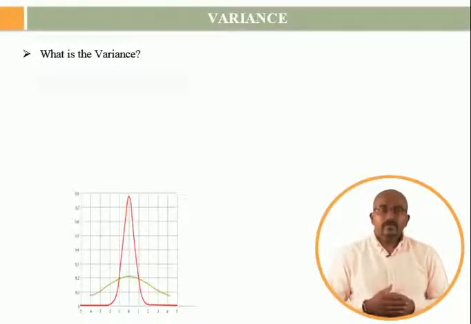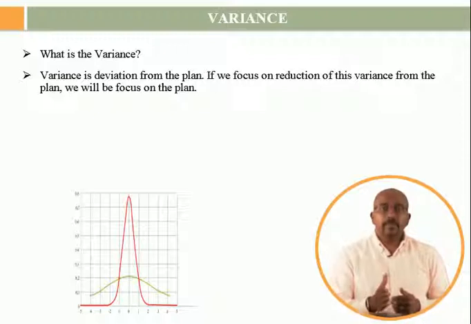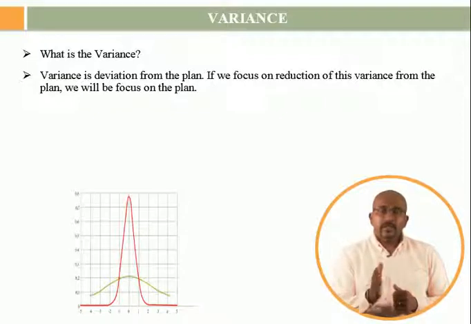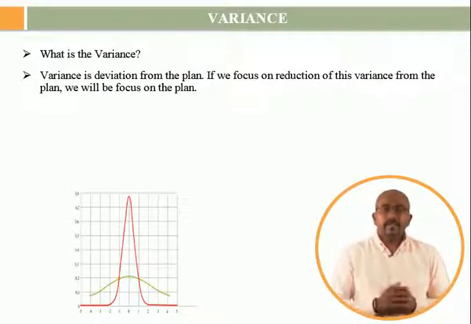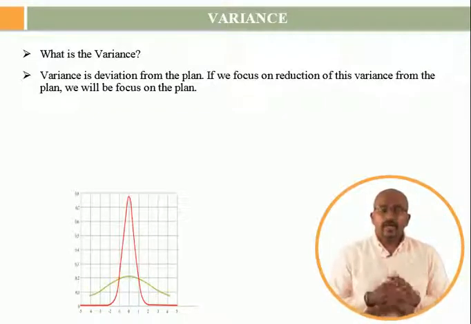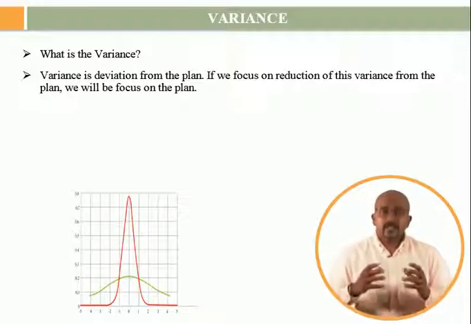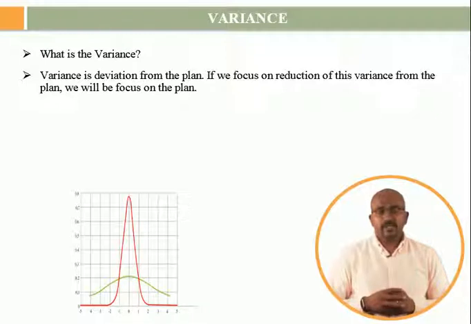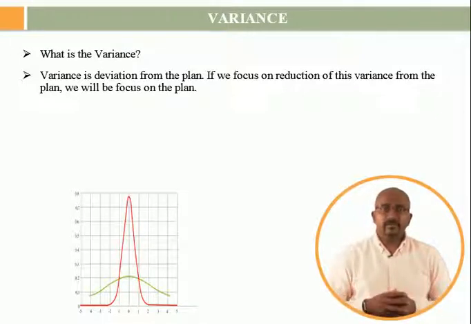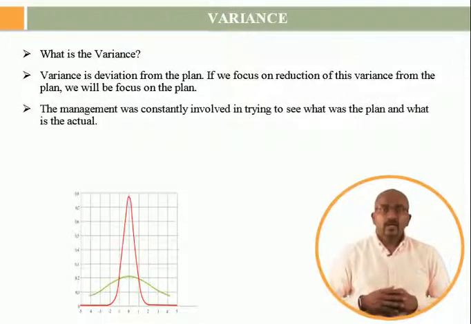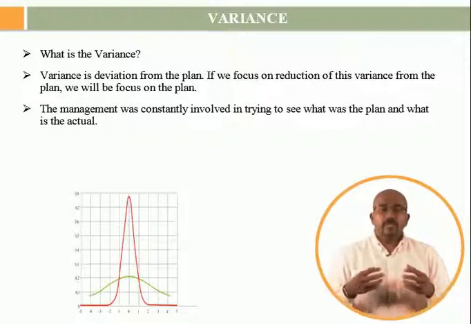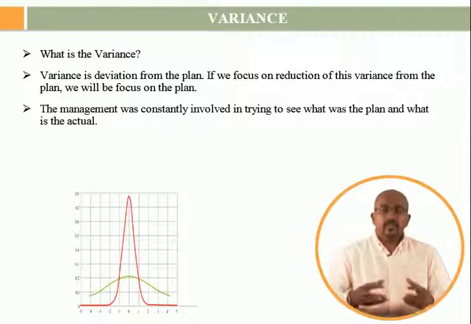What is the variance? Variance is deviation from the plan. So if we focus on reduction of this variance from the plan, we will be on the plan. In other words, the culture that comes out of this way of managing production is plan versus actuals. The management is constantly involved in trying to see what was planned and what is the actual.